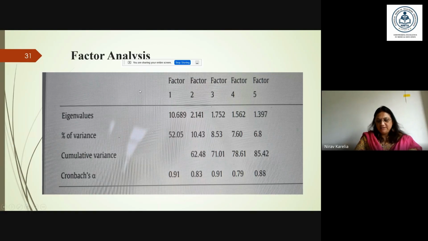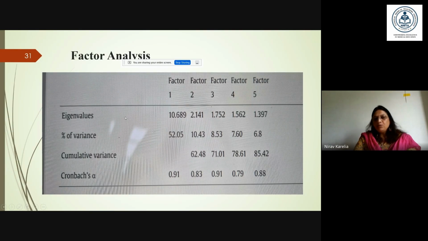Now the first thing is eigenvalue. I think all of you know, or don't know, eigenvalue. It is a mathematical principle which is applied in algebra. The main principle working behind factor analysis is the eigenvalue and eigenfactor. You can Google it if you want details about eigenvalue.